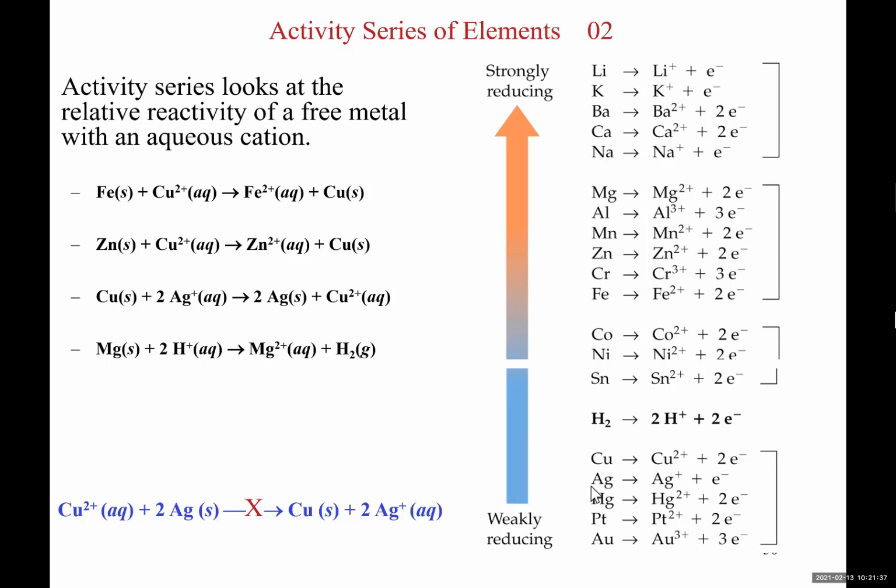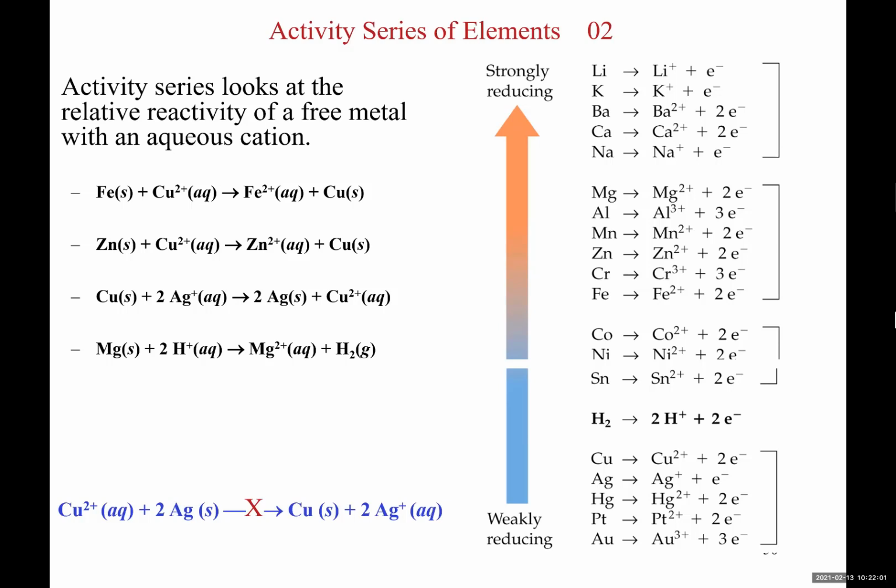So this is silver relative to copper. Silver is at lower activity. Silver does not have the ability to give electron to copper ion. So no, this reaction is not going to happen. It's not a spontaneous reaction. That means it doesn't happen by itself.